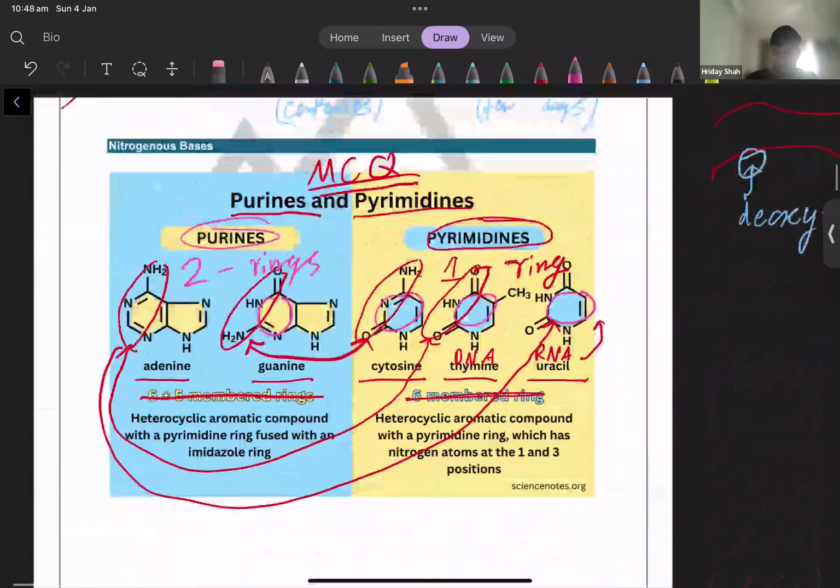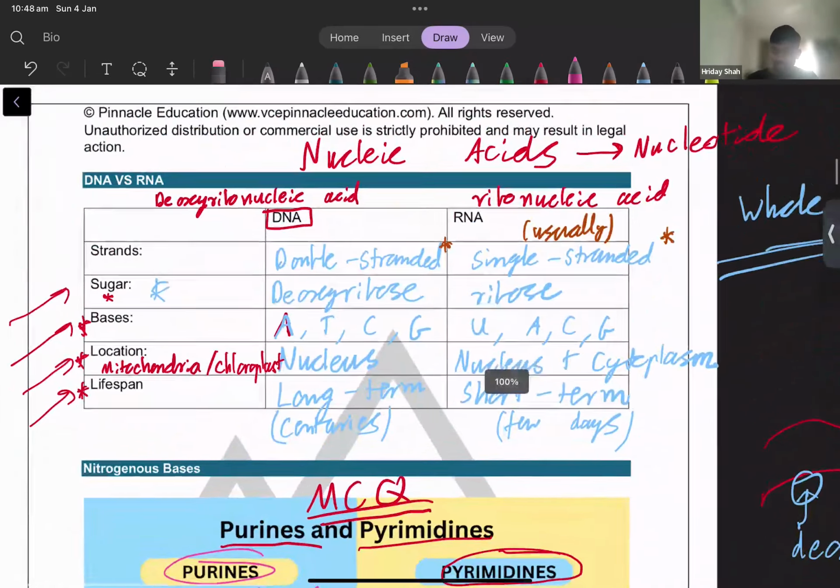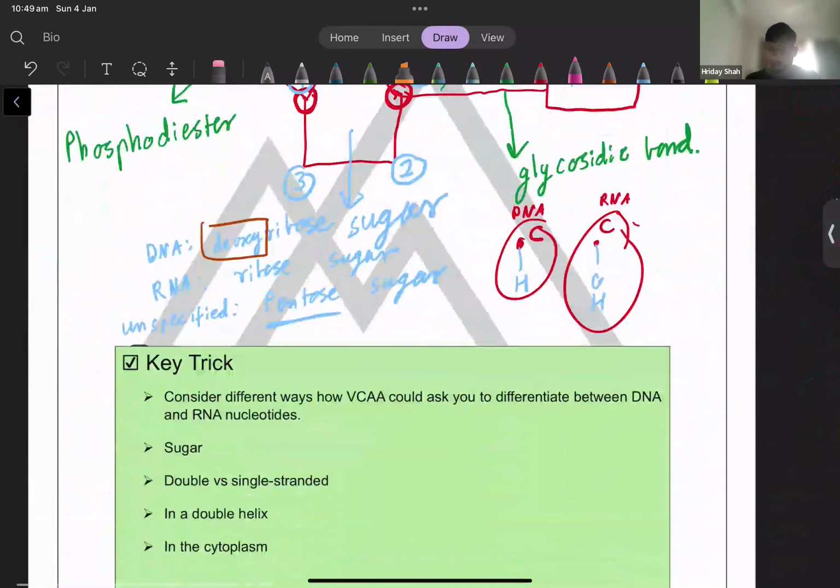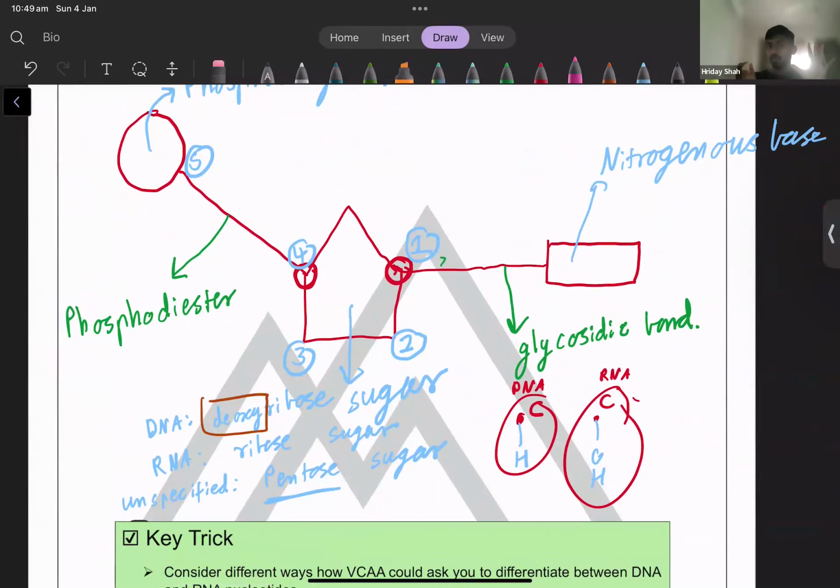But if you remember, when we covered the differences for DNA and RNA, DNA is not going to be in the cytoplasm by itself. RNA is what's in the cytoplasm. And so actually, they wanted you to draw an RNA nucleotide, which meant you had to label the sugar as a ribose sugar, not a pentose sugar.